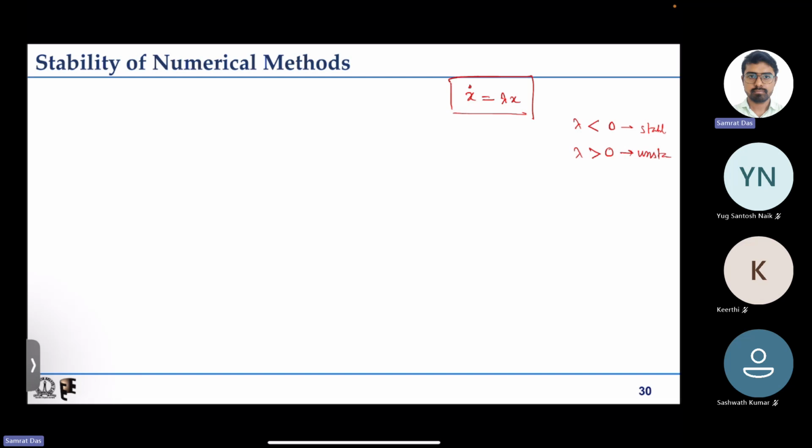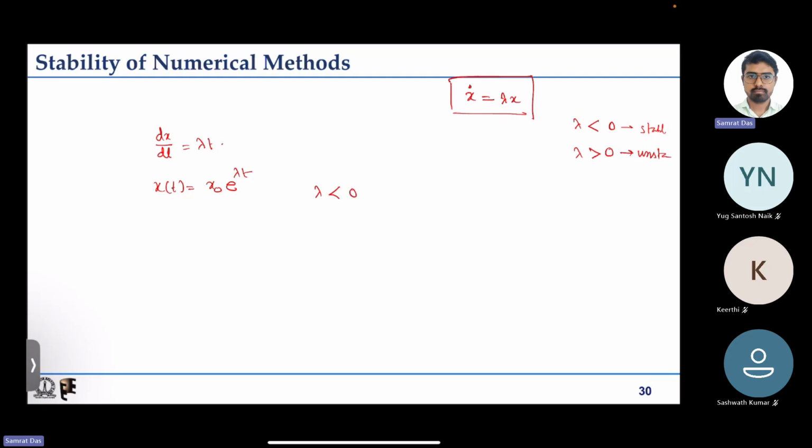You know that for a continuous time system, say dx dt is equal to lambda x, then x(t) is equal to x0 into e to the power lambda t. So for stability you should have lambda less than 0, right?